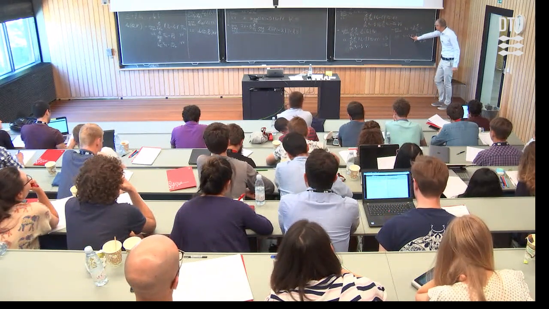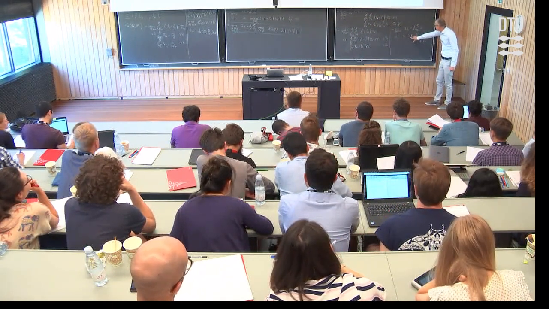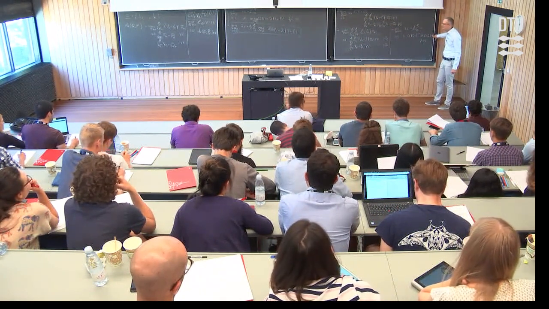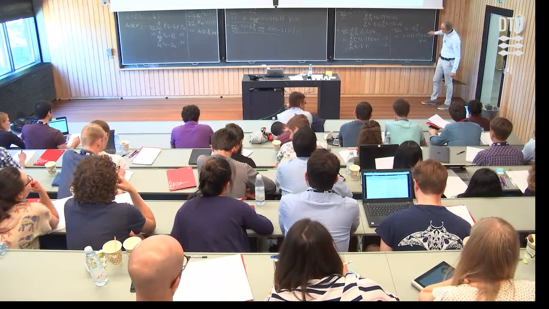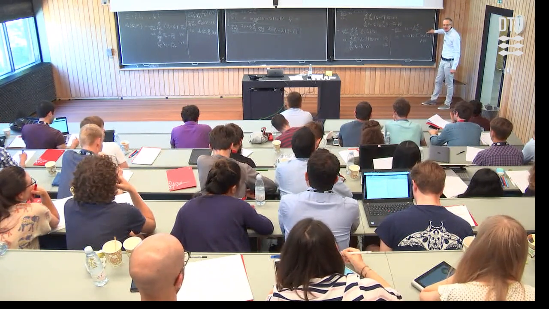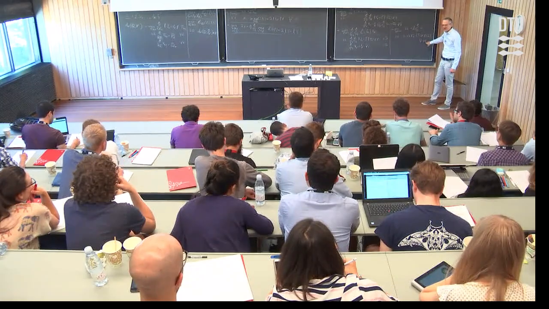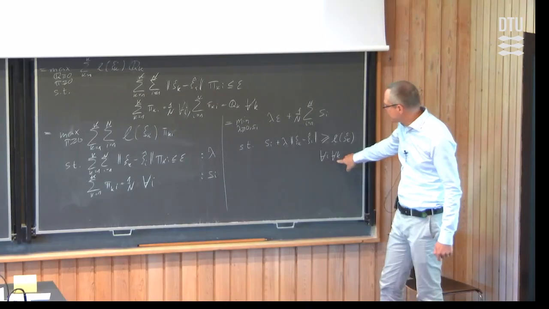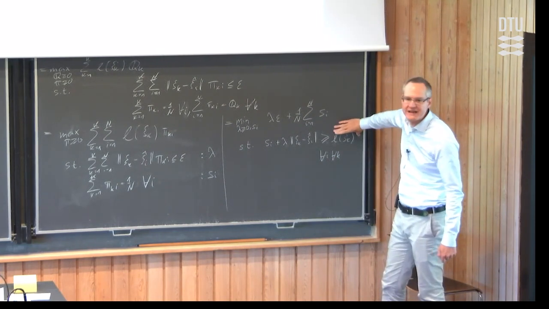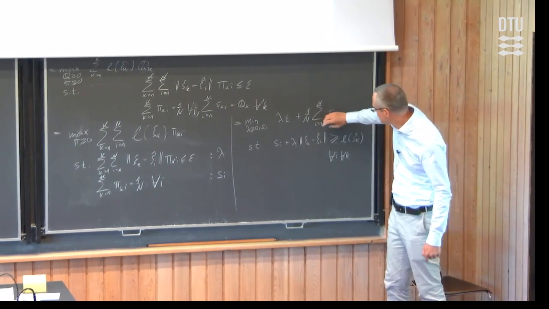So basically, I moved this lambda times the norm of psi hat minus psi k to the other side. And then I had the SI on this side, and everything depended on psi k on this side. And the constraint should hold for every k. So then instead of having a for every k, I said that the maximum of the right-hand side over all k should be smaller equal to Si.